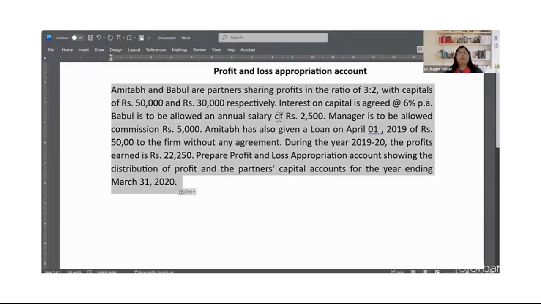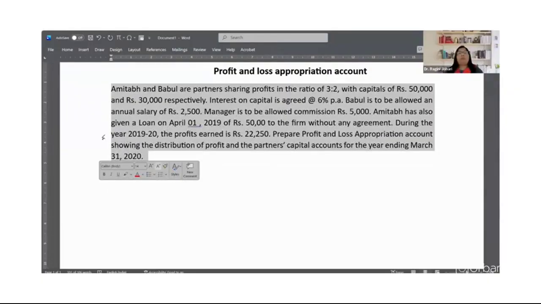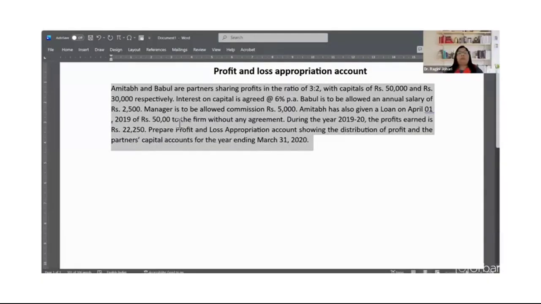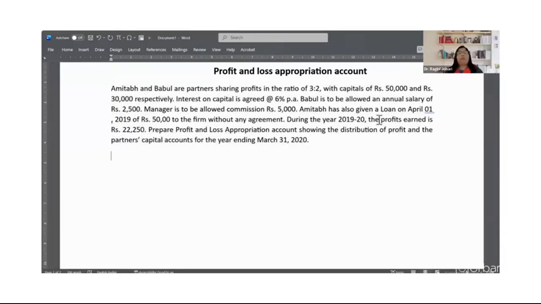Interest on capital is agreed at 6% per annum. Babu is to be allowed an annual salary of 2,500. The manager is to be allowed a commission of 5,000. Amitabh has also given a loan on April 1, 2019 of rupees 5,000 to the firm without any agreement. During the year, the profit earned is 22,250. Prepare the P&L appropriation account.